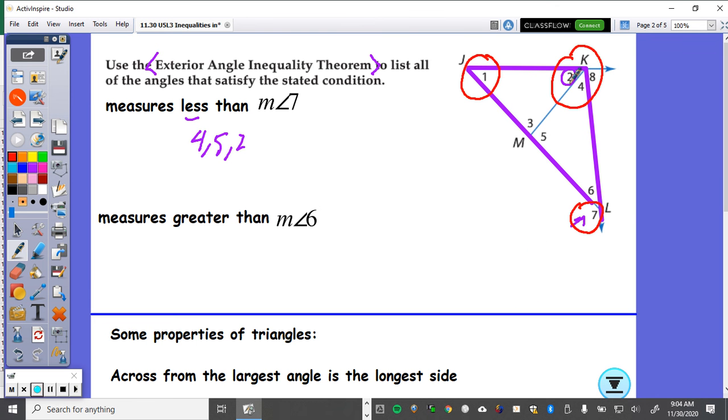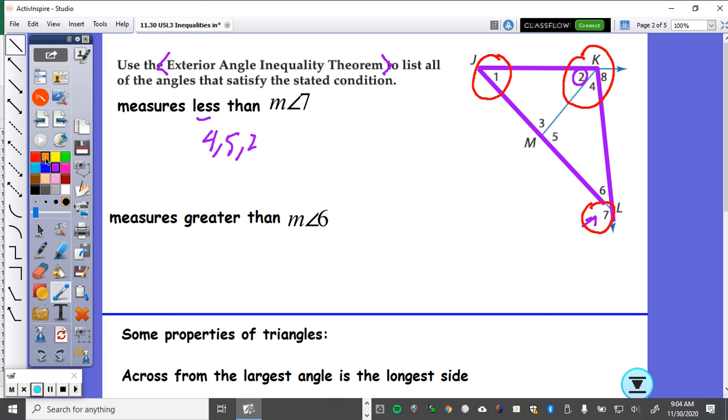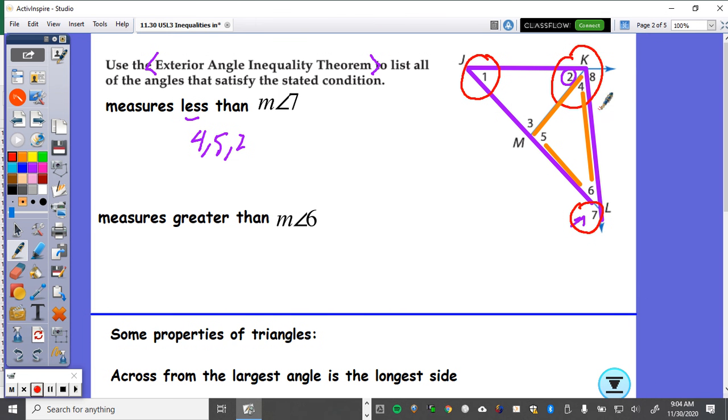So consequently, the last one we were just looking at would say, if I was looking at just that triangle, that's where we said 4 plus 5 is 7. Angle 4 plus angle 5 is 7. So therefore, 4 and 5 is less than 7.